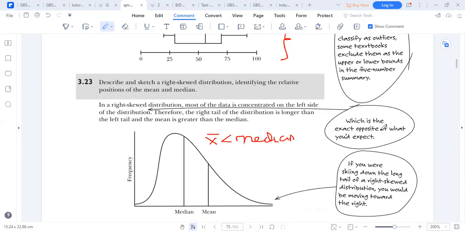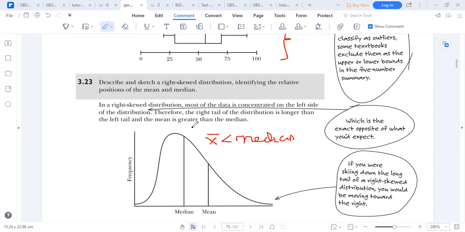According to this distribution, the skewness here is giving us the opposite depiction. I think this is where most of the students were getting the confusion, not the confusion per se.